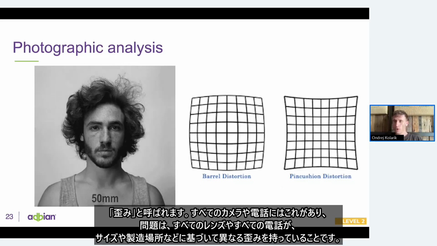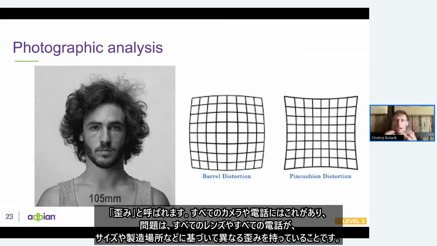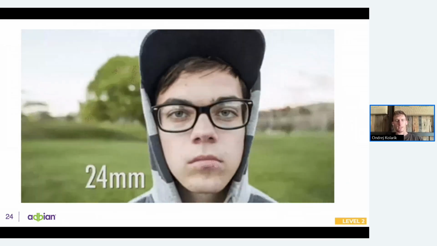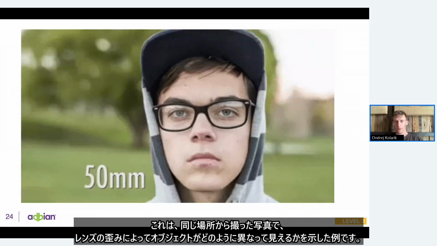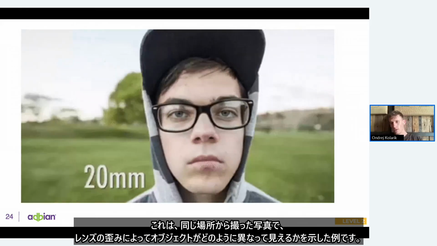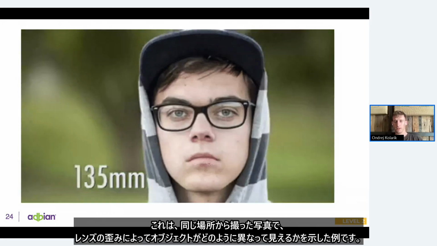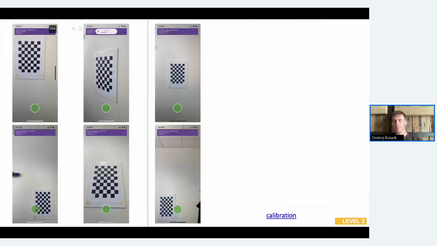Every camera or phone has it. And the problem is that every lens or every phone has different distortion based on the size and so on, and where it was manufactured and by which manufacturer. So this is an example of a photograph from the same point showing how objects can appear different just based on the lens distortion.